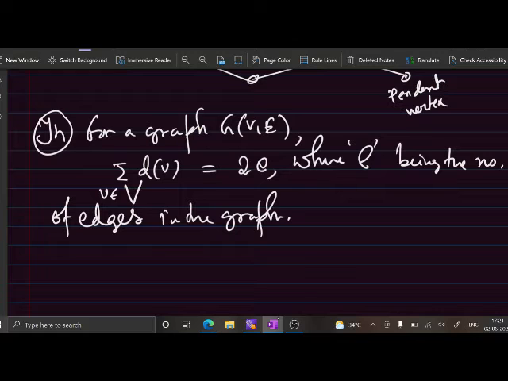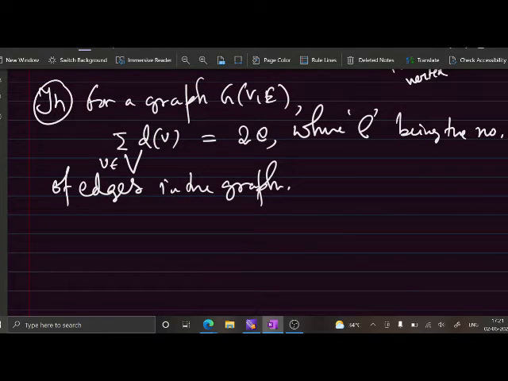This is a very nice theorem, and we will prove it later. The sum of the degrees is actually twice the number of edges in the graph.